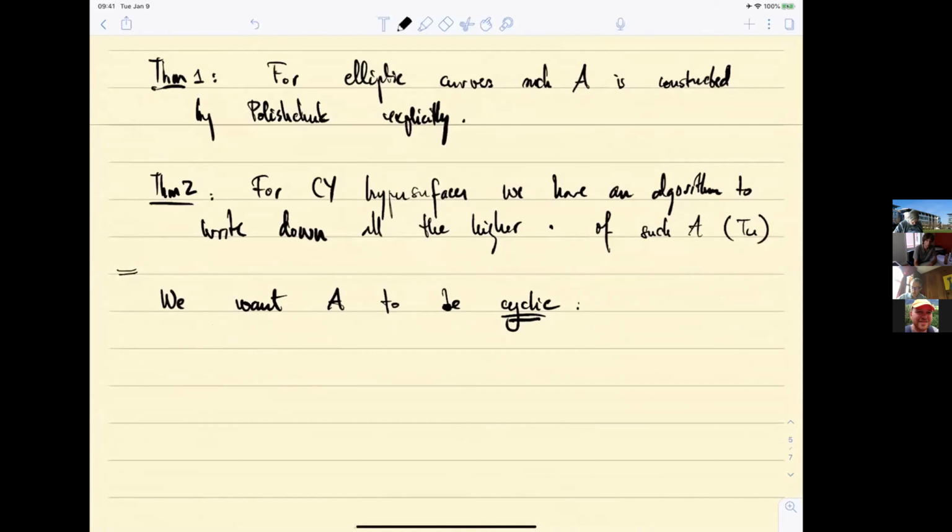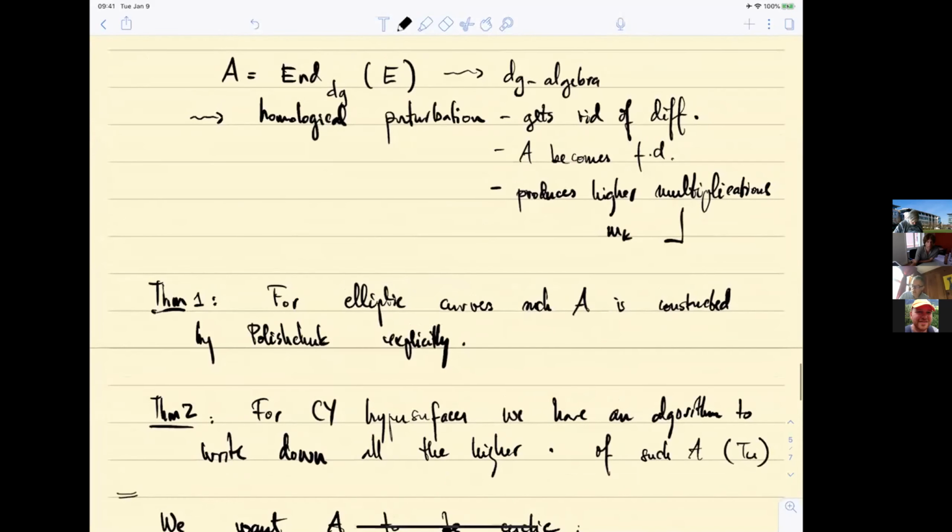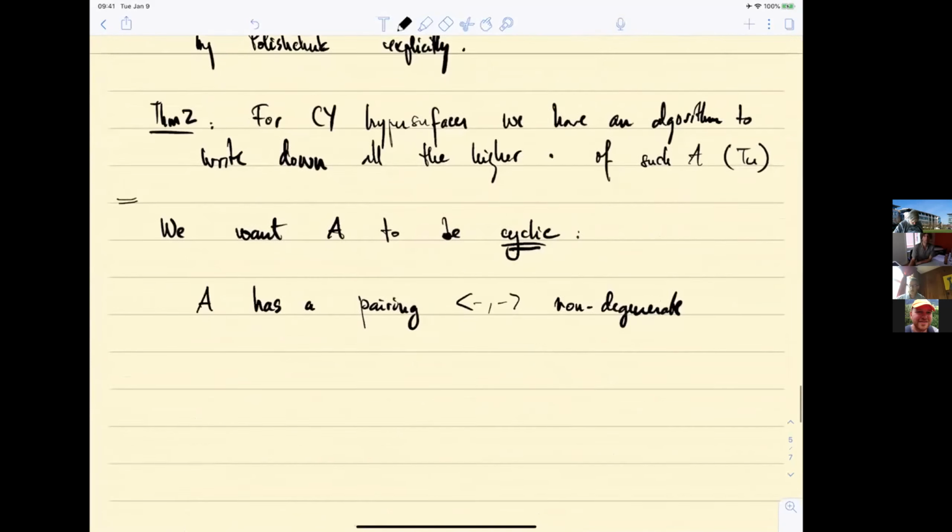I will want A to have a pairing which is non-degenerate. Remember that A was made to be finite dimensional at one of these stages when we did homological perturbation. So it can have a non-degenerate pairing.